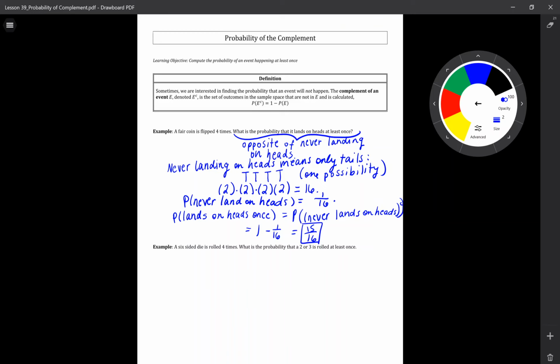Let's do another example. A 6-sided die is rolled 4 times. What is the probability that a 2 or a 3 is rolled at least once? So again, this is the opposite: that a 2 or 3 is never rolled.